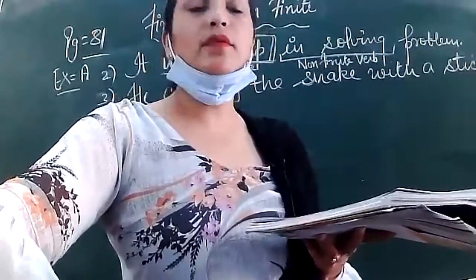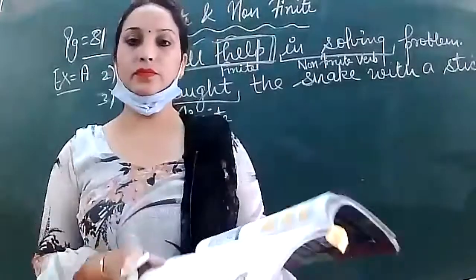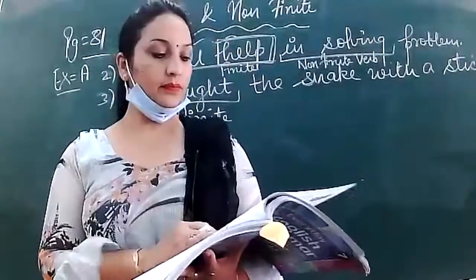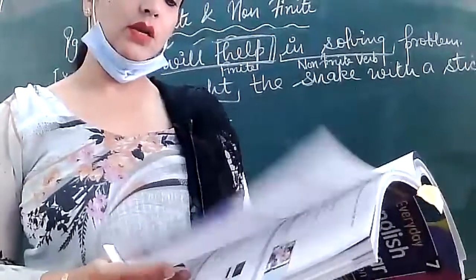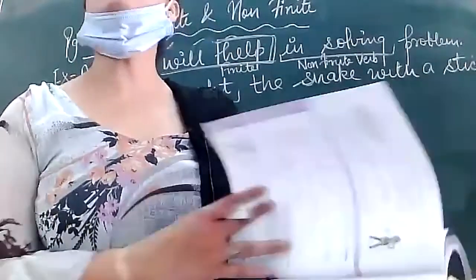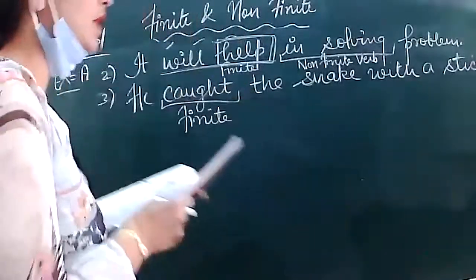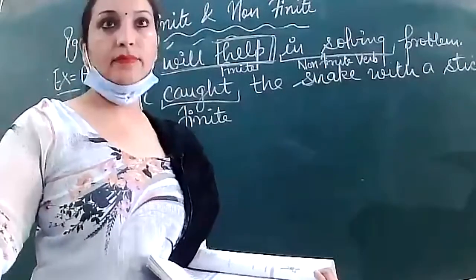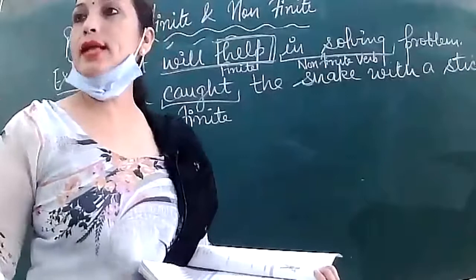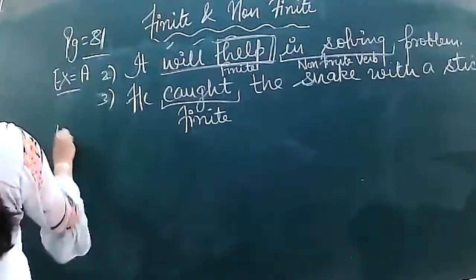Controls will be your finite, and to make will be your non-finite. Clear? Run again will be finite, because if I ask this sentence in past, the vehicles ran. So it will change according to tense. This concept is clear. Now let's move to exercise B.